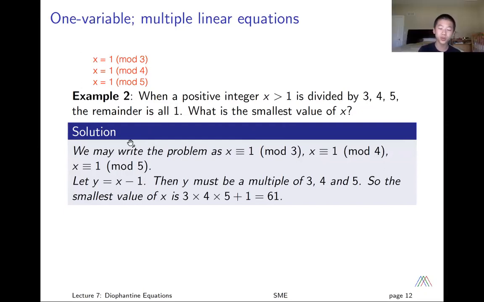So y is a multiple of, as Roy said, 60, which is 3 times 4 times 5. Then you add the 1 and it's 61. So when you see equations where the mods are different numbers, but the remainders are the same, you can just combine them and that works.